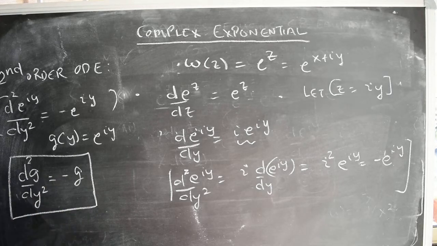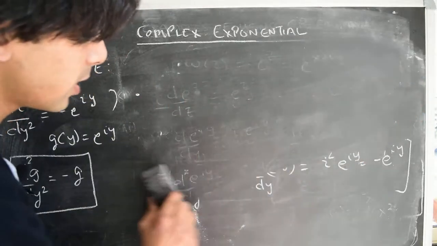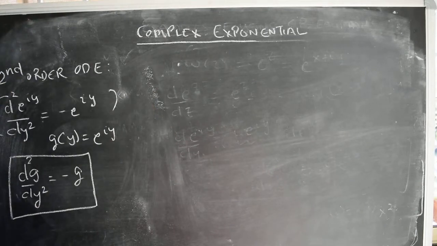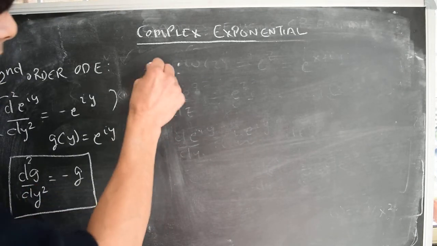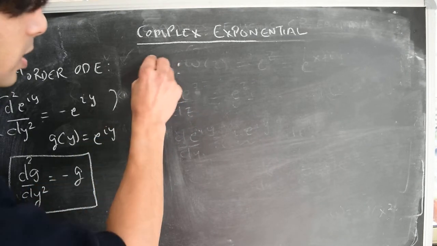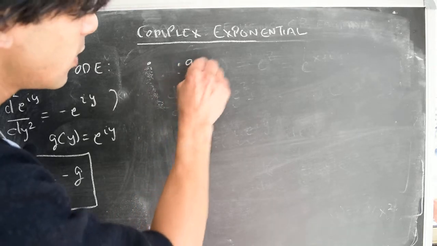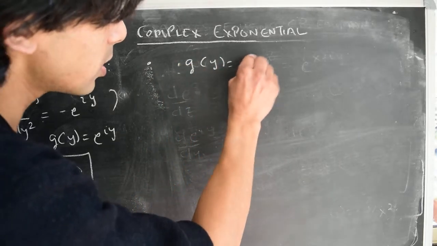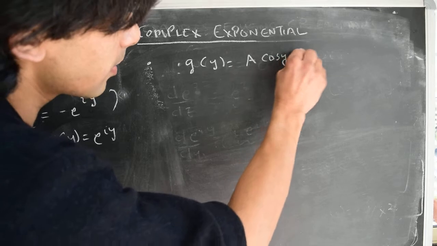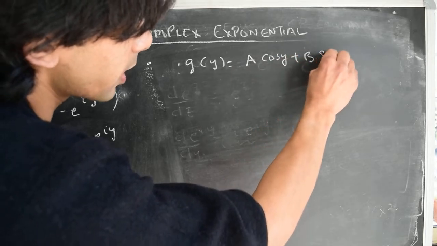Now this is a very familiar second order differential equation, and in particular a solution for this equation can be written in the form g(y) is some constant a times cosine y plus another constant b times sine y.